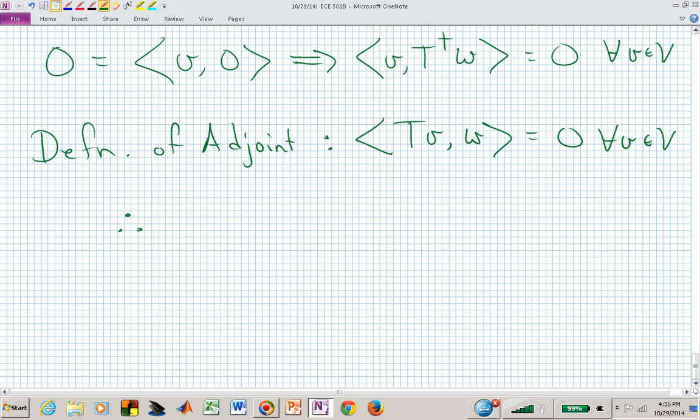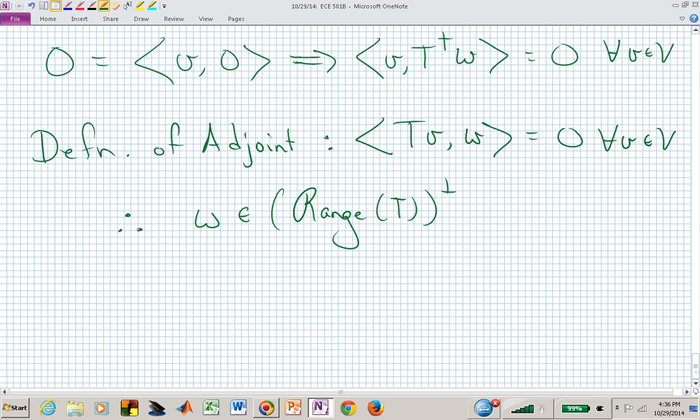That's the range of T. Anything that, for all V mapping through T, is going to populate the range of T. And now we've just found that W is orthogonal to that, so those W's are in the orthogonal complement to the range of T. Therefore, W is an element of the range of T's orthogonal complement.